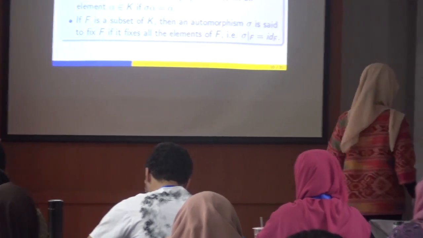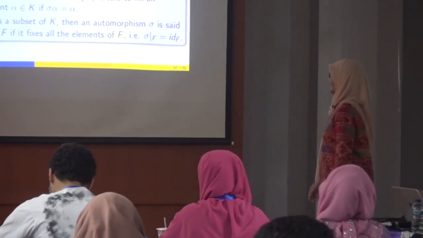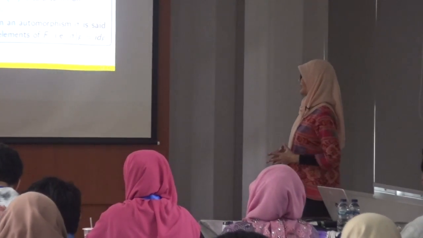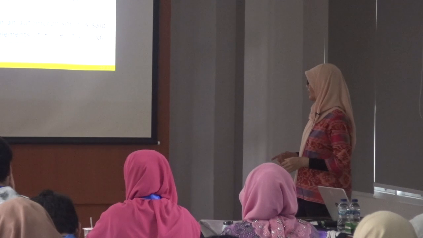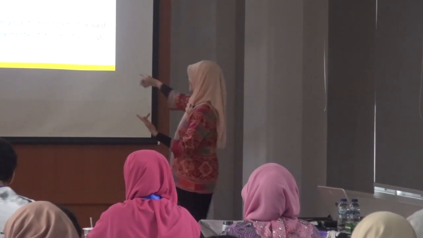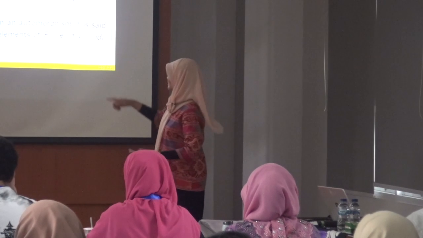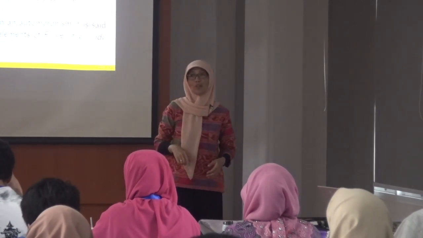And moreover, if F is a subset of K, then an automorphism sigma is said to fix F if it fixes all the elements of F. It means if we restrict this sigma to F, it will be equal to the identity of F.